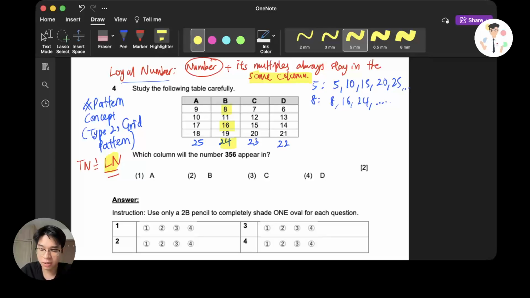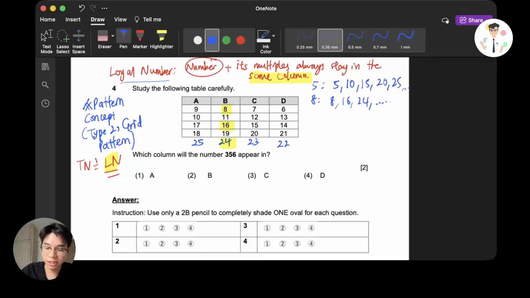Okay? Now teacher, in between there's 11 and 19. It doesn't matter as long as my number and its multiples are staying in the same column. So in this case, my targeted number is 356, right? So 356, I'm supposed to divide by my loyal number, which is 8. So let's find out the answer. 8 times 4, 32.